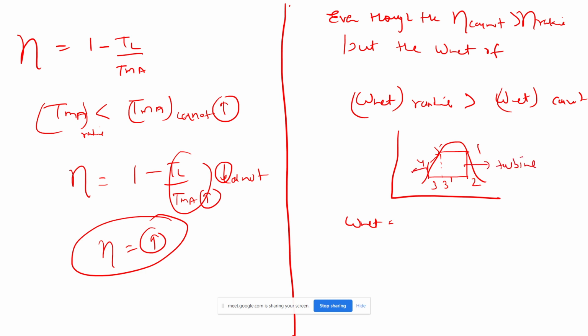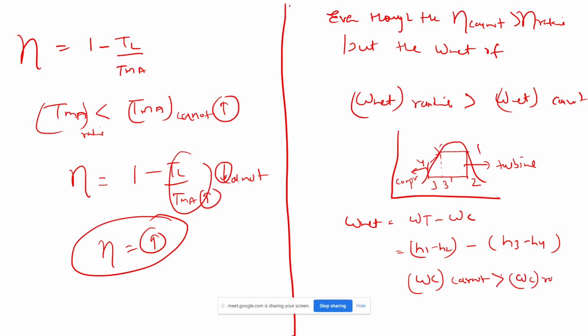Turbine work minus compressor work. So what will it be? H1 minus H2 minus H3 minus H4. The compressor work in the case of the Carnot cycle is higher than the compressor work in the case of the Rankine cycle.